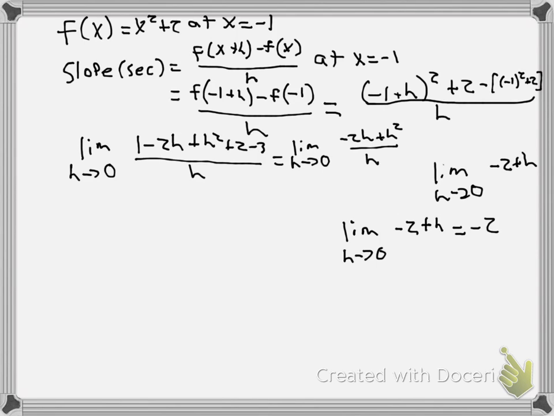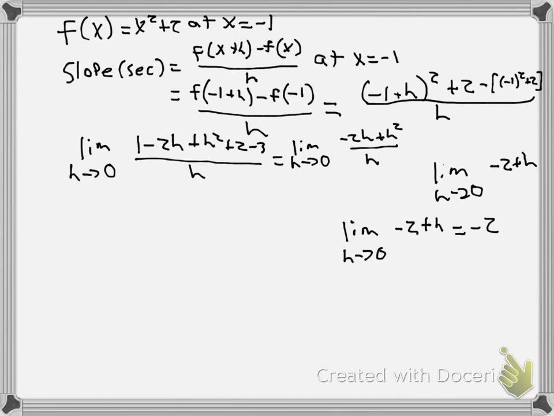What's a slope? A slope is a rate of change. You've just found the instantaneous rate of change at x equals -1.